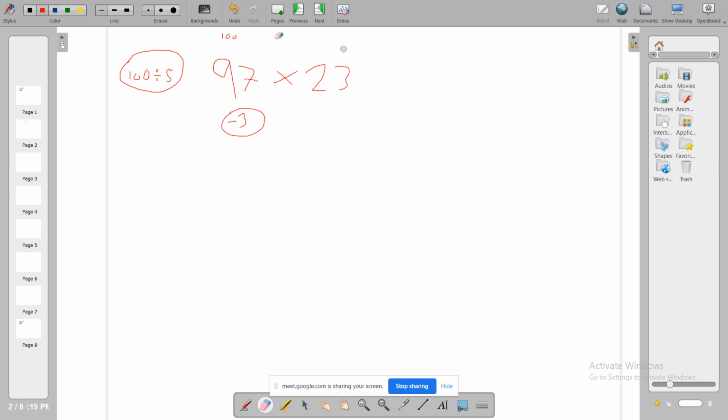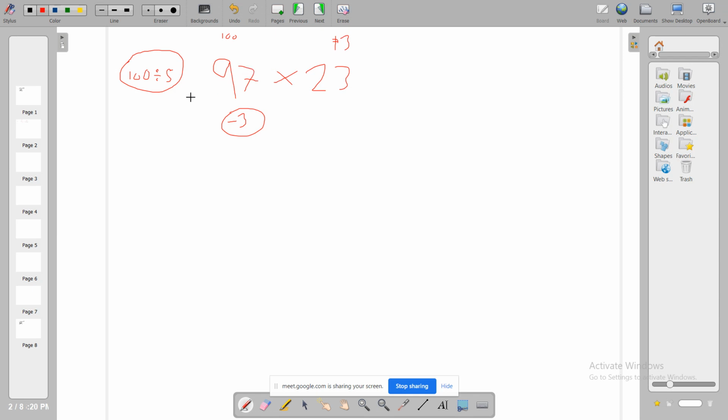So here will be plus 3. So 3 plus 20 will give us 23. This is what we have here.